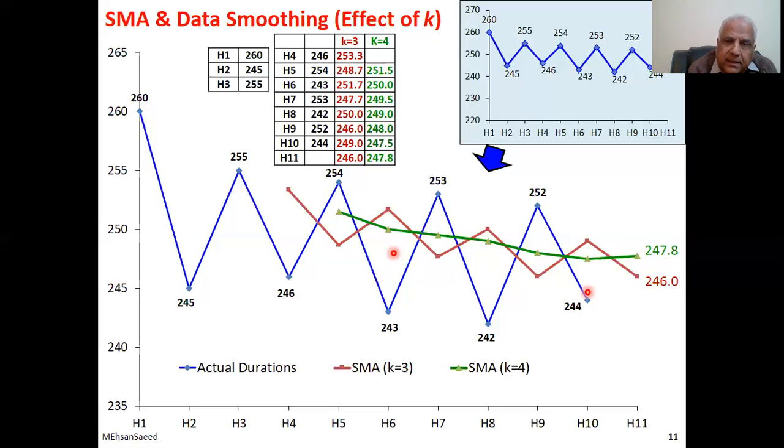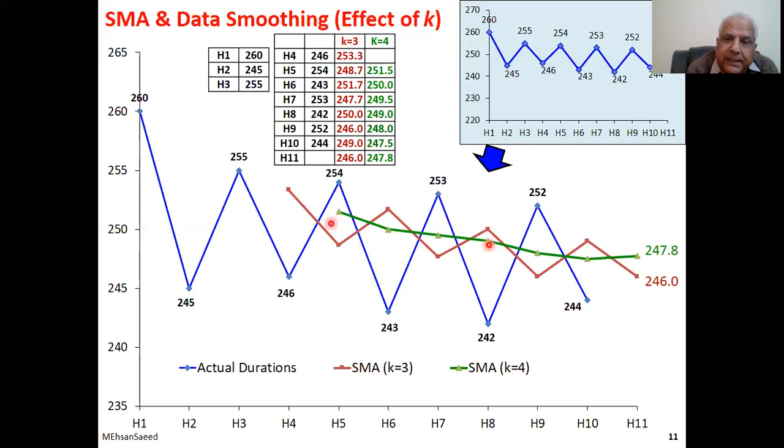You can take any other example in the past. Forecast for house number 8. This is the forecast for house number 8 at k is equal to 4. And this is the forecast for house number 8 at k is equal to 3. K is equal to 4 is farther from the previous actual value. The previous actual value was 253.